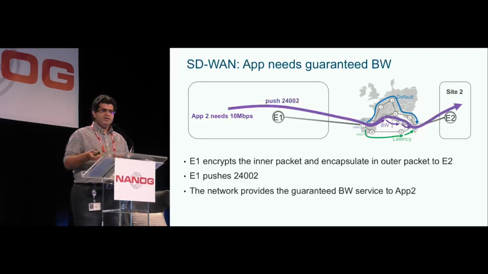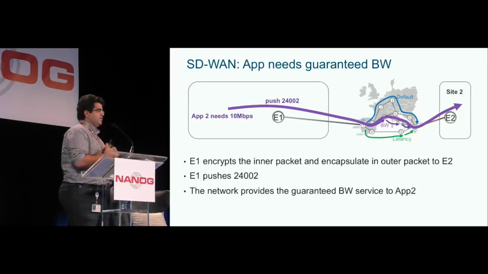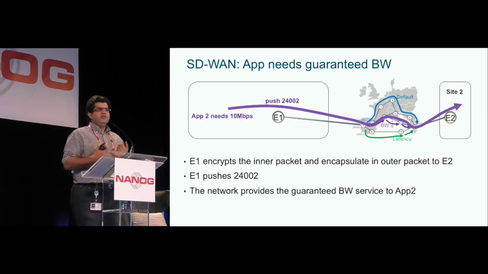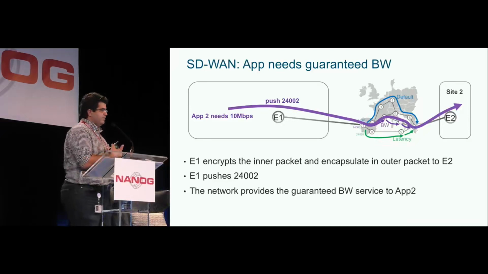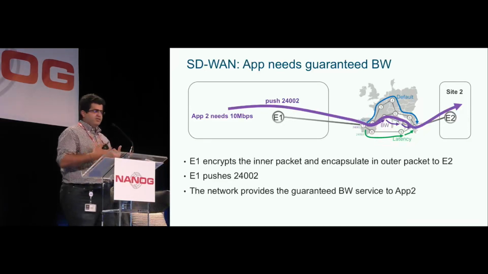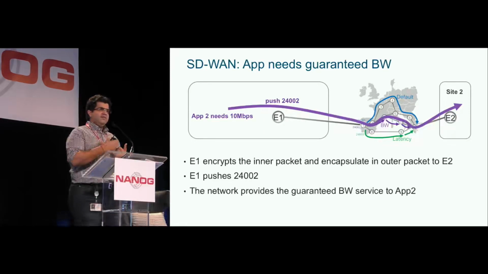Once the packet reaches node 1, it realizes that this packet came with 24002. We steer the packet into an SR policy. The SR policy derives that label stack, which was to take the packet from 10 to 11 to 12. And this is done, again, automatically, even if there is something which changes in the topology of the service provider network.